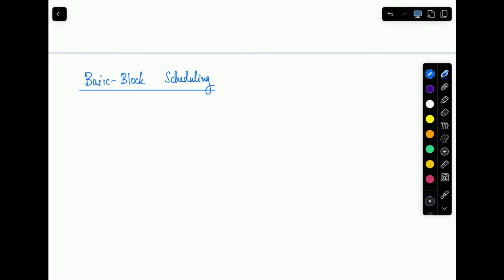It's a part of a control flow graph where it would have a single entry and exit. That means you cannot enter the basic block anywhere except in the beginning, and you cannot exit the basic block anywhere except the end. You are supposed to execute all instructions within a basic block in order, right?